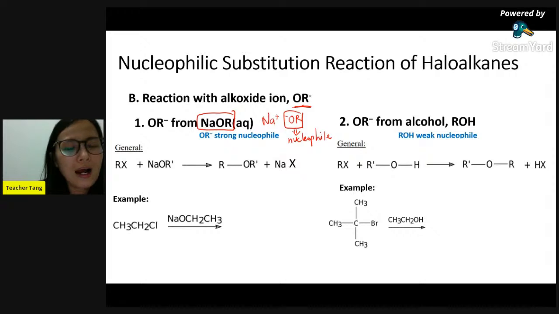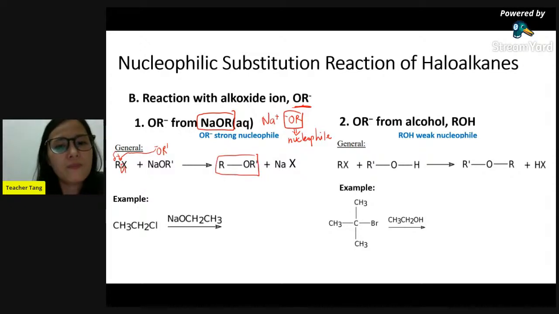So again, the carbon that is bonded to halogen is partially positively charged. The alkoxide ion will attack the carbon that is partially positive charged and kick out the halogen, to give you ether, and the byproduct sodium halide.